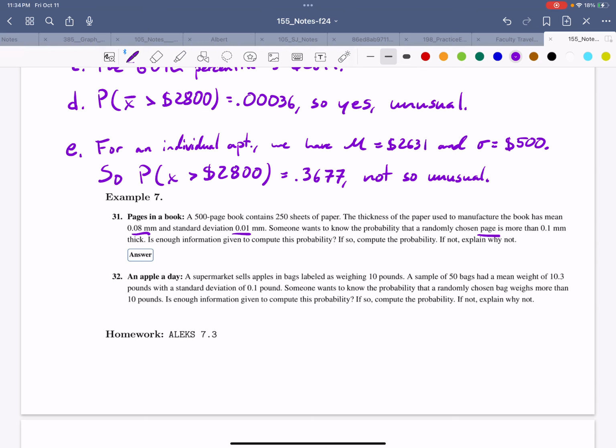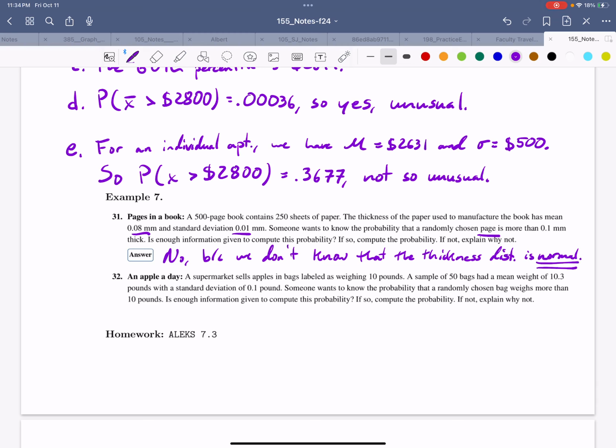Is there enough information to compute the probability? The answer is no, because we don't know that the thickness distribution is normal.